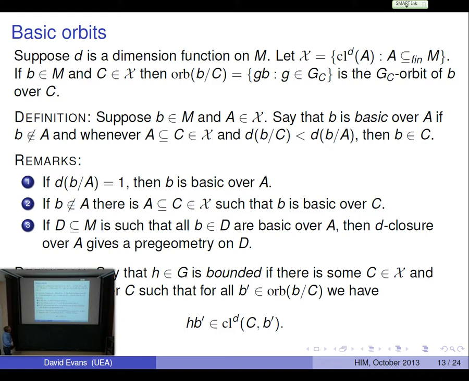We'll say H is bounded if there's some closed set C and B which is basic over C, such that for all B prime in the orbit of B over C, H of B prime is in the closure of C B prime. So that's very much like what was happening in the vector space example, when we talked about bounded automorphisms, or in that case, not moving almost maximally. Okay, so that's the definition.